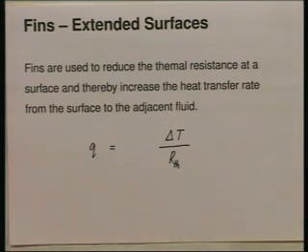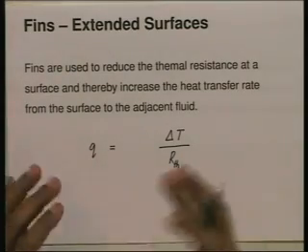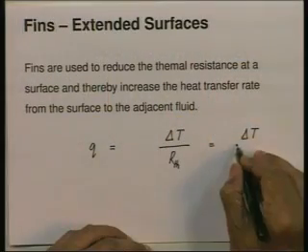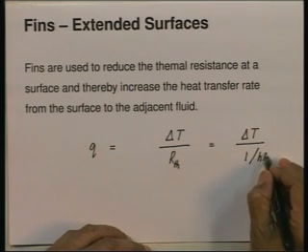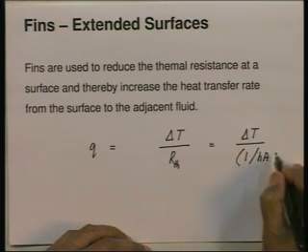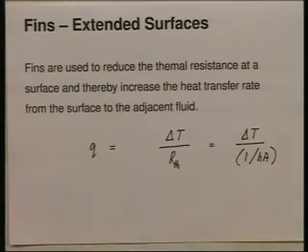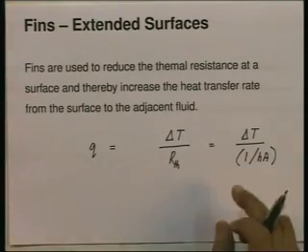And if there is a heat transfer coefficient h at the surface and the area of the surface is A, then it is delta T divided by 1 upon h A. Delta T is the difference of temperature between the wall and the surrounding fluid. So, Q is given by this.